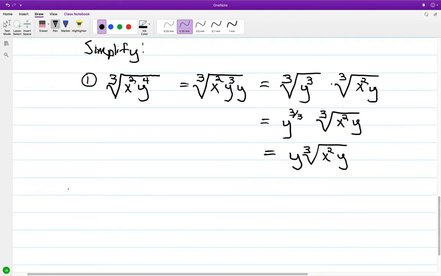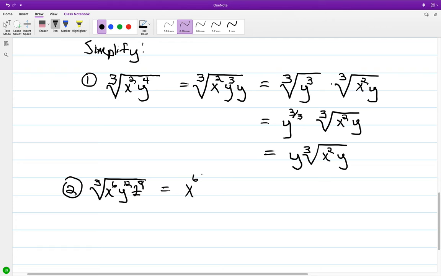And let's say that I have the cubic root of x to the 6th, y to the 12th, and z to the 9th. Now in this case, 3 is divisible into all of 6, 12, and 9.